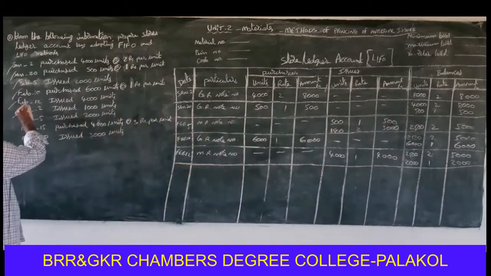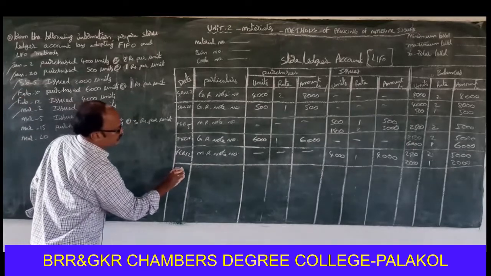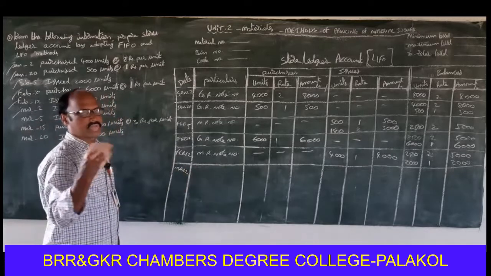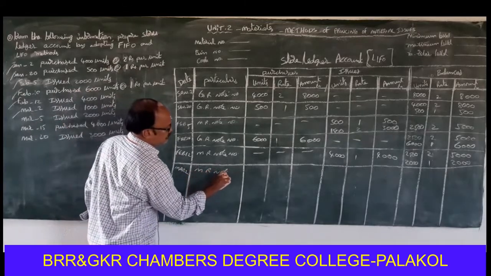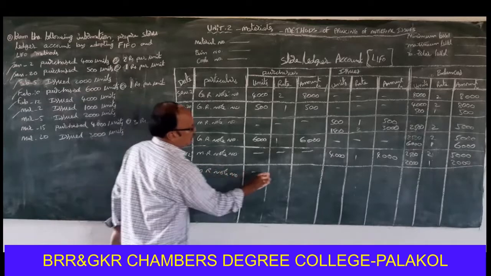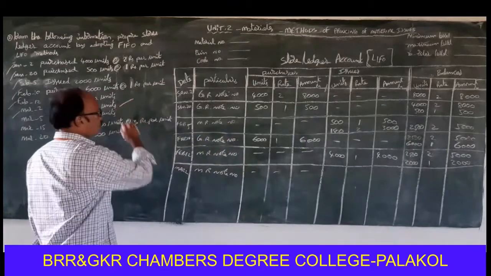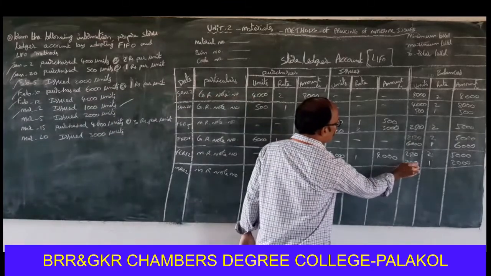Next, March 2nd. Issues. Issues means material requisition note number. MR note number. How many units wanted to issue? 1,000. So the 1,000 is released from this only, because it is last in, first out.